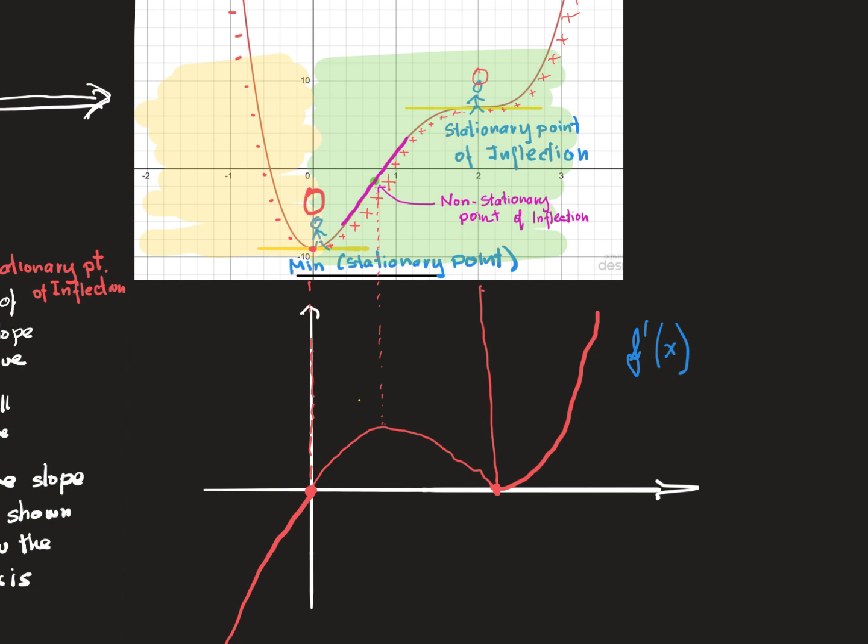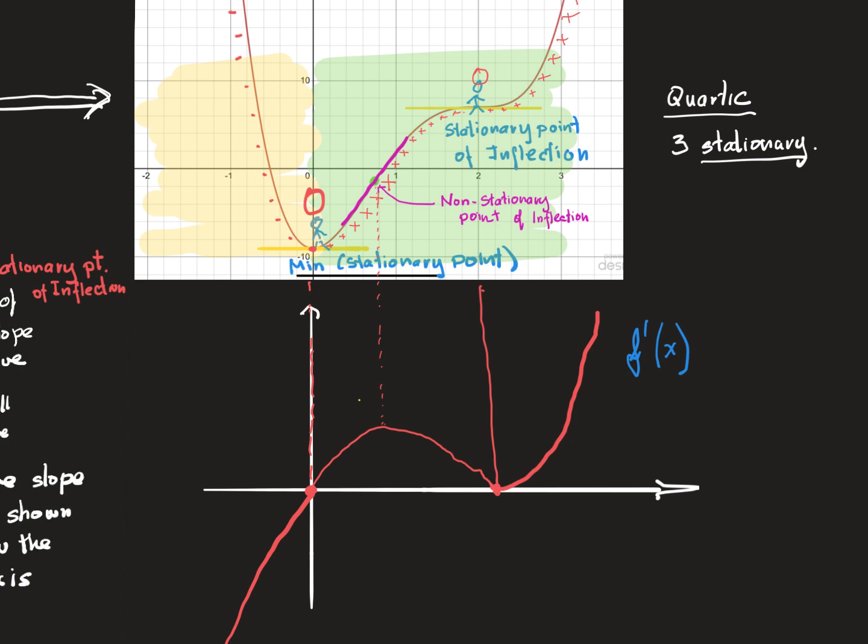If you examine the original function, you know that it is a quartic. Now, a quartic is known to have 3 stationary points, or should have 3 stationary points. So they have to be stationary, not non-stationary.